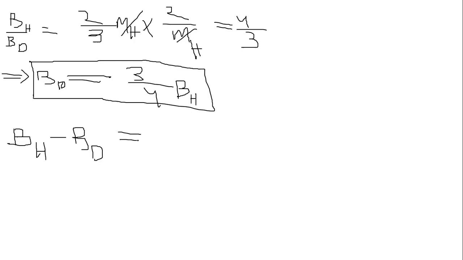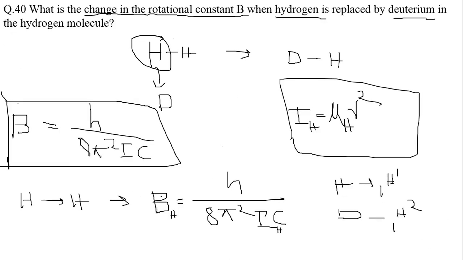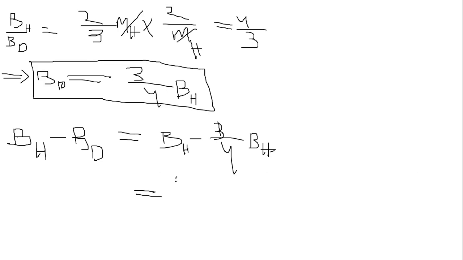So what will be changed? It will be BH minus 3 by 4 BH, which is equal to 1 by 4 BH.